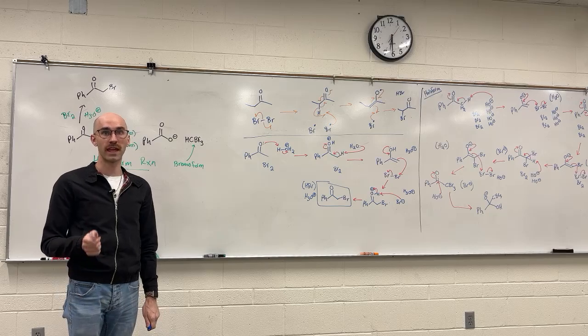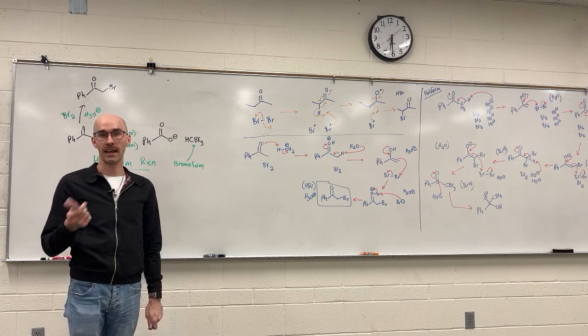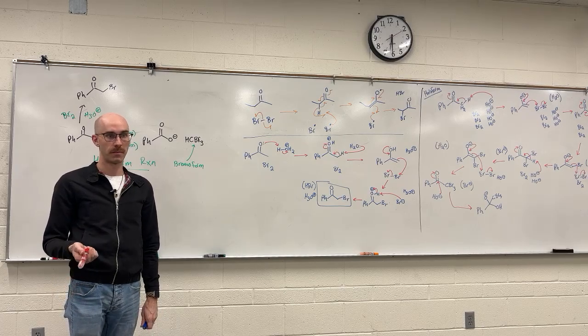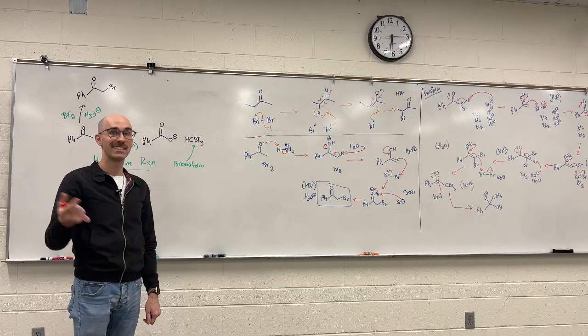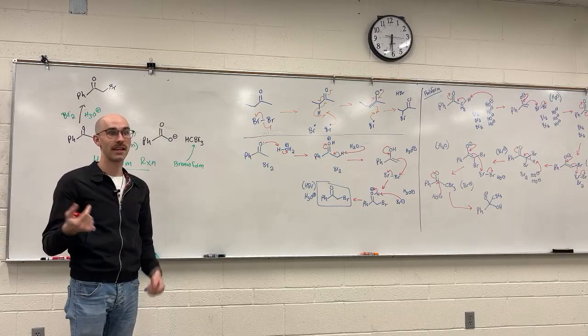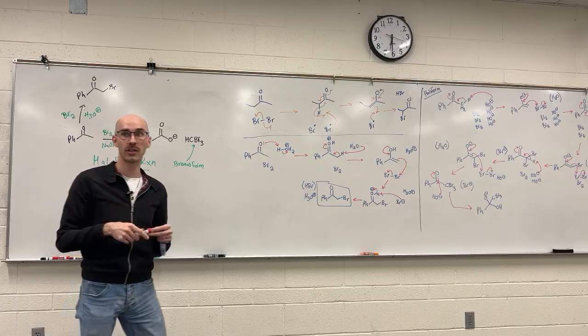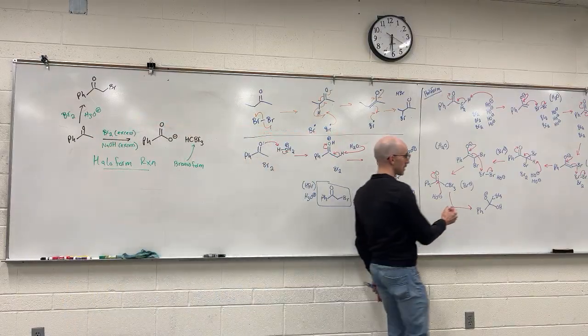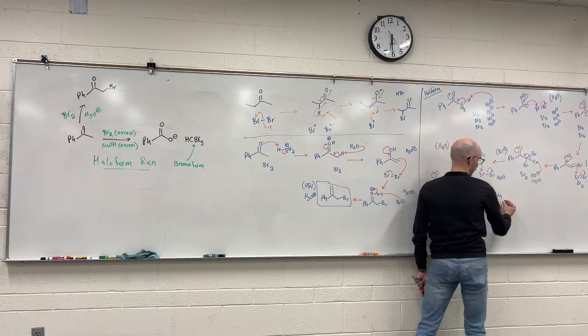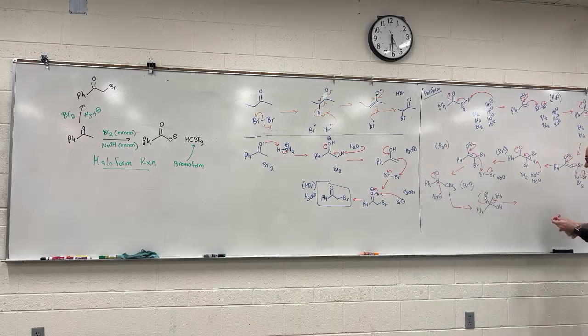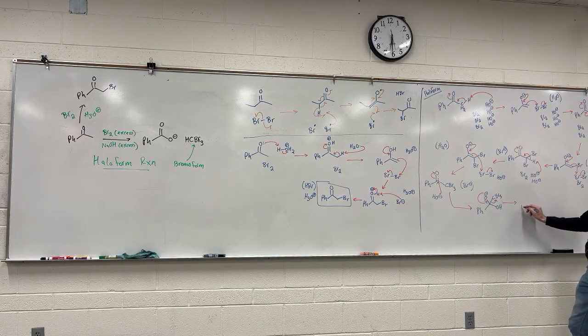No carbon can do that better than a haloform carbon. If that carbon leaves with the electrons and takes a negative charge, it's got 3 halogens that will help stabilize that negative charge. So this tetrahedral intermediate collapses and kicks off CBr3.